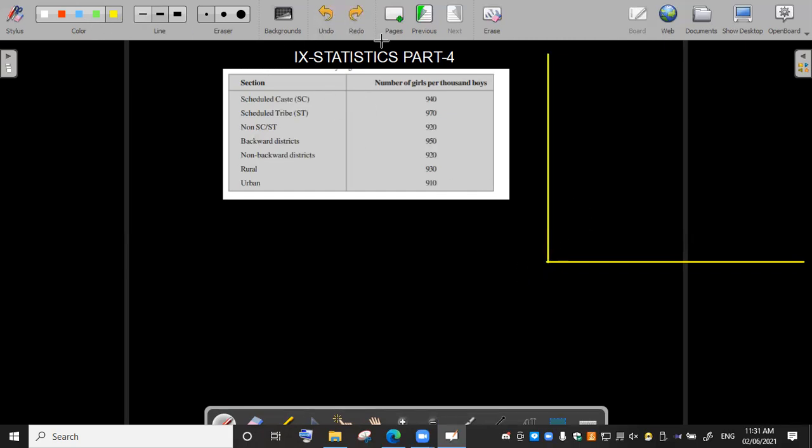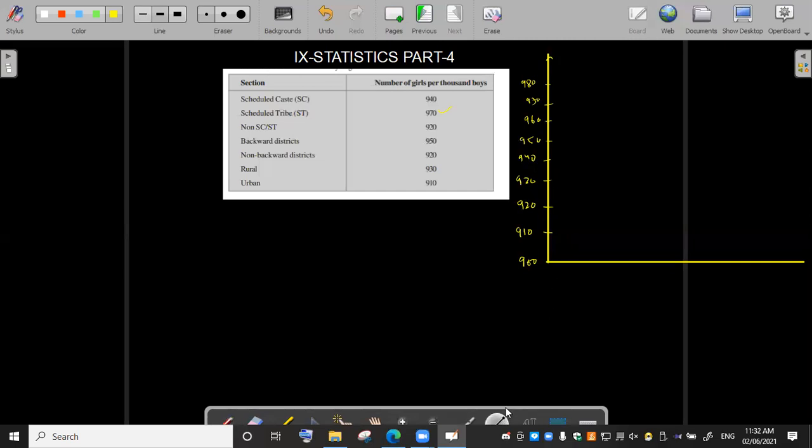So on the y-axis you will start from 900, then you can have 910, 920, 930, 940, like this up to 950. 970 is the maximum, so 960, then 970, 980, and so on.